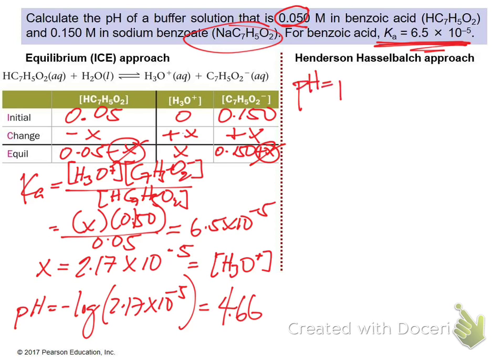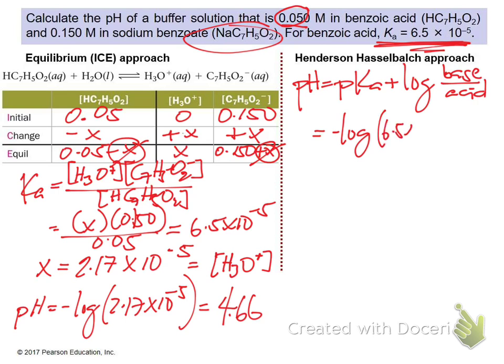So pH equals pKa plus the log of the conjugate base divided by the acid. We're given the Ka value here, so we just take the negative log of that value plus the log of the conjugate base concentration, 0.15, divided by the concentration of the acid, which is 0.05.